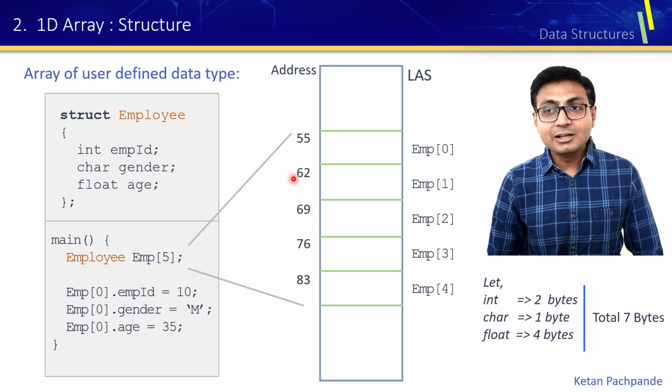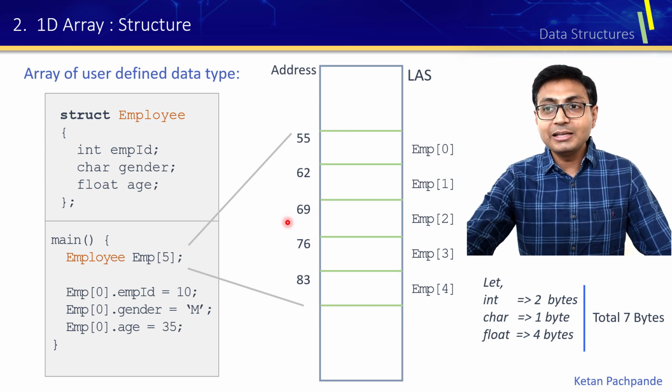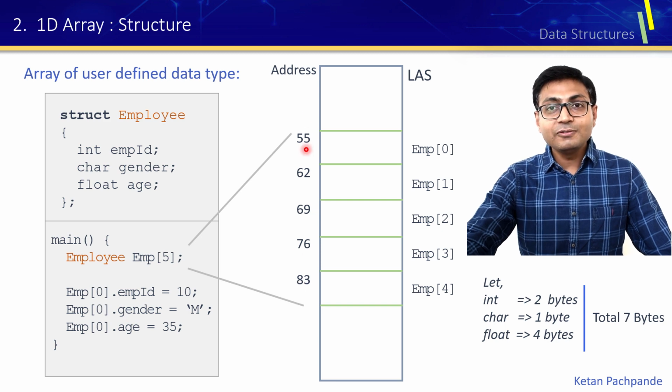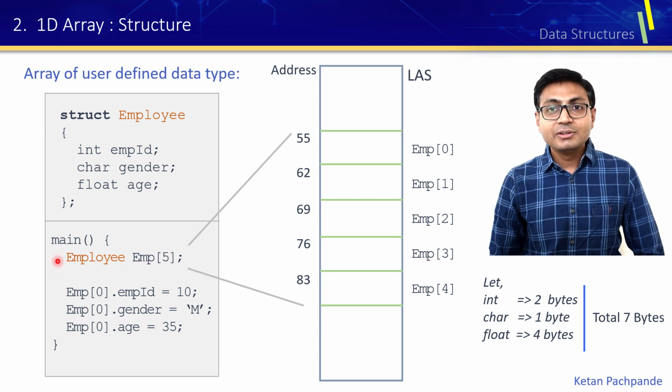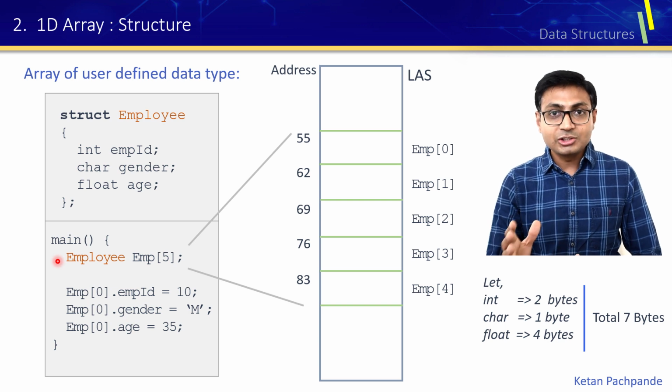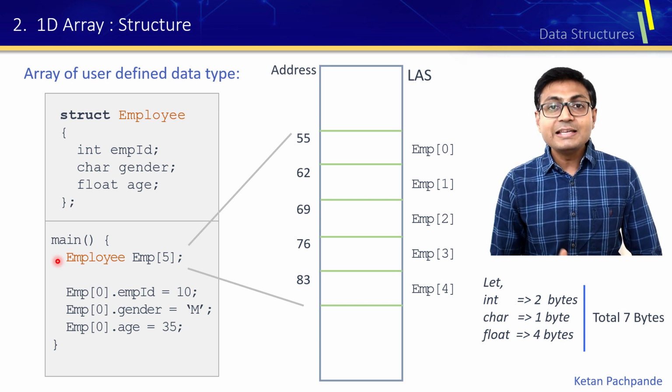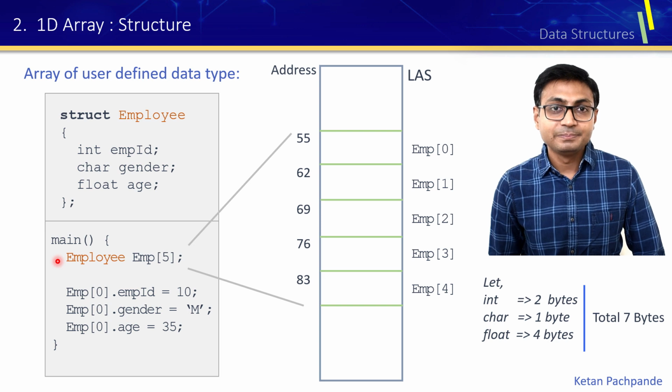The third employee is going to start at 62 plus 7, that is 69, and so on. So with an offset of 7 bytes, each employee is stored. That's how the array of the user defined structure data type is represented in memory.